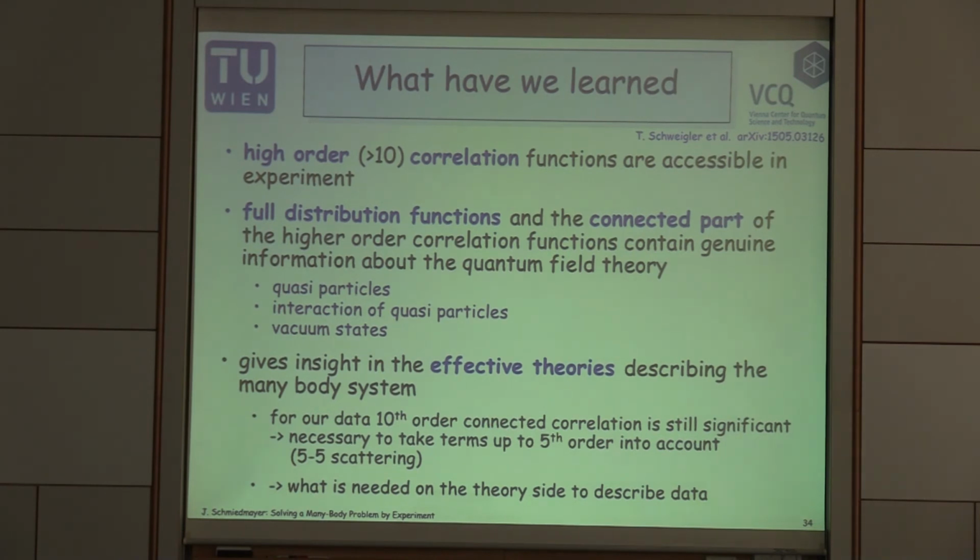I think these full distribution functions and the connected part of the high order correlation functions contain genuine information about the quantum field theory I look at. They contain information about the quasi-particles, about the modes I have there, about the interactions of these quasi-particles, and about the vacuum states you live in. And it gives an insight into effective theories describing the system. As I said, our 10th order connected correlation function is still significant. It basically means that terms up to 5th order have to be taken into account to describe the data.